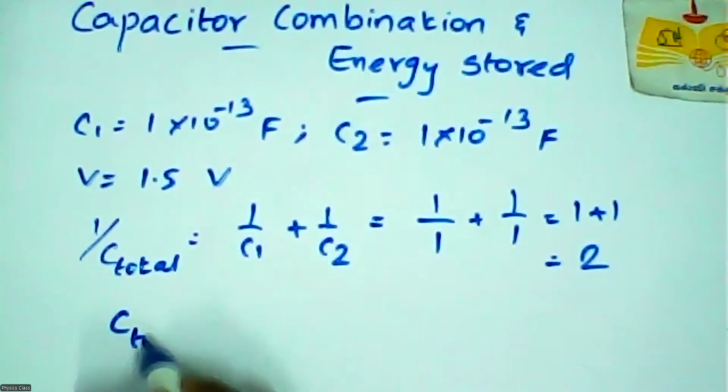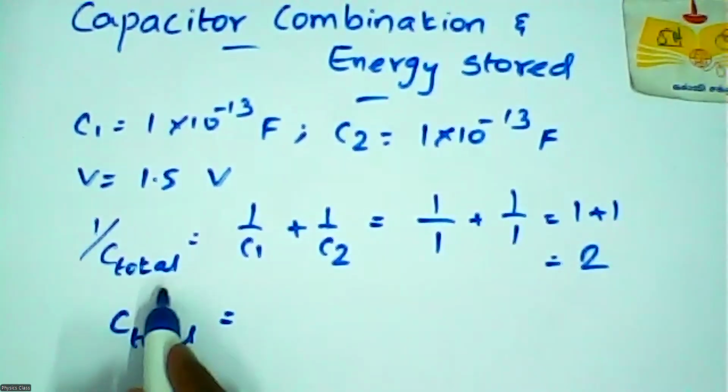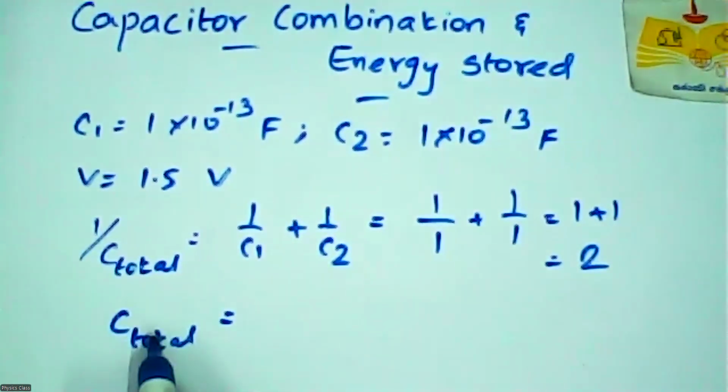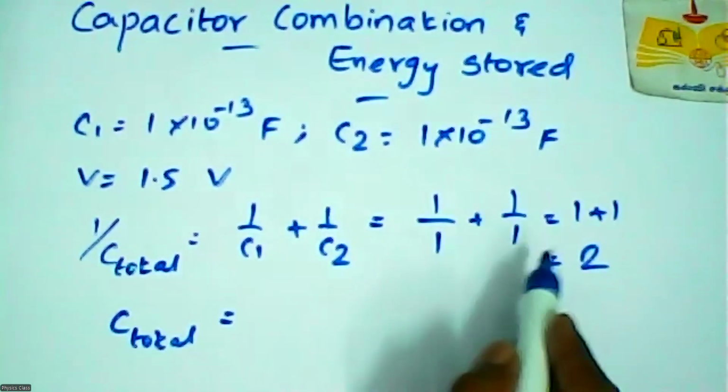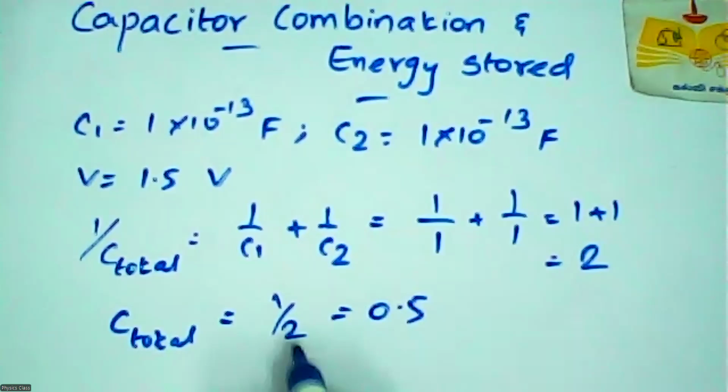For the C total, we have to take the reciprocal of 1 by C total, then we will get C total. So 1 by 2 means 0.5 farad. That's why you saw C total is 0.5 farad.